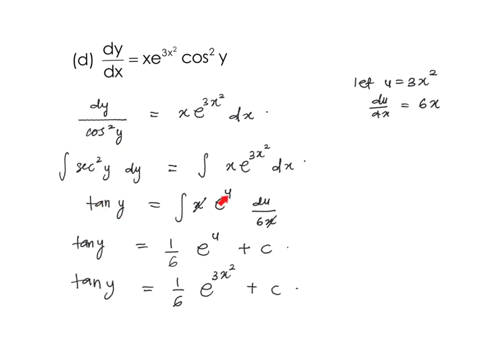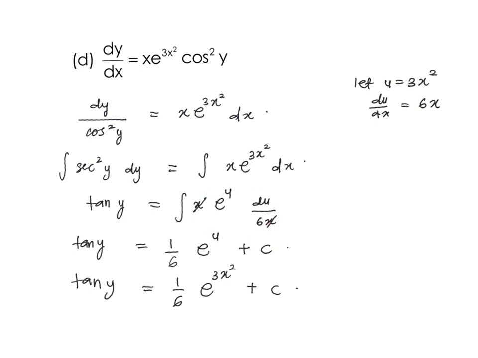For this one, we use the substitution method. We substitute 3x squared with u. So let u equal to 3x squared. Differentiate u with respect to x, we get du over dx equal to 6x. Then substitute dx with du over 6x, and you cancel off x.